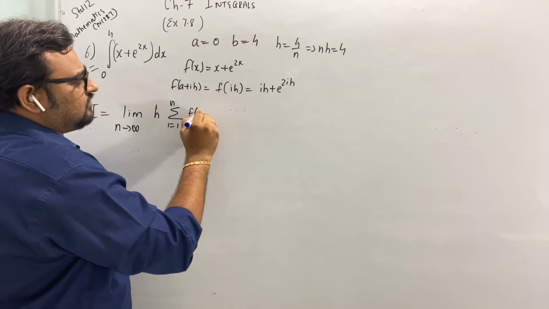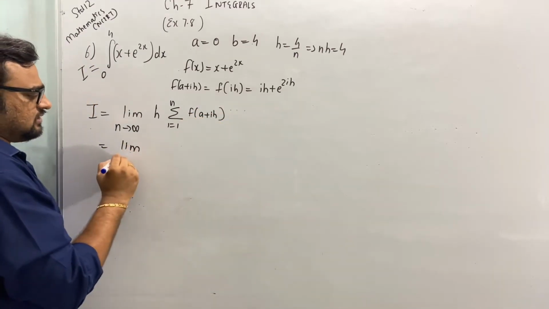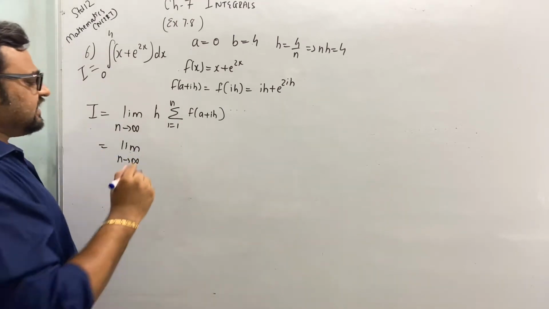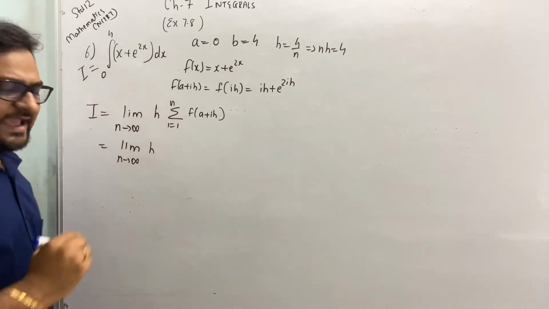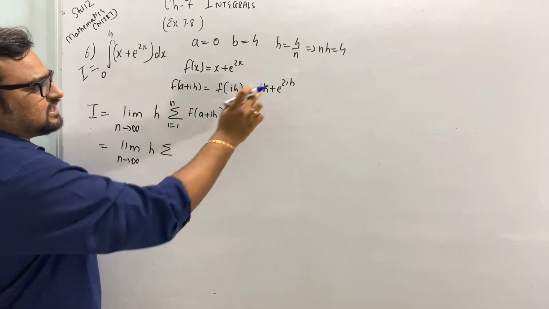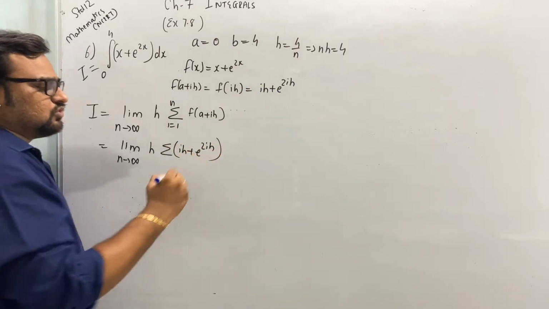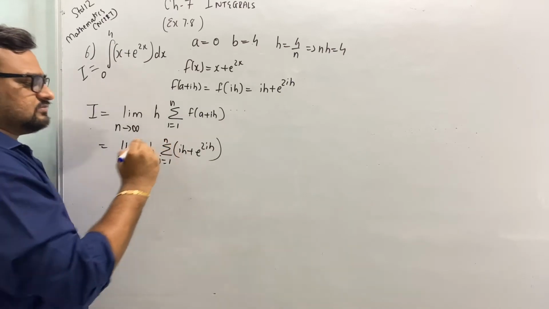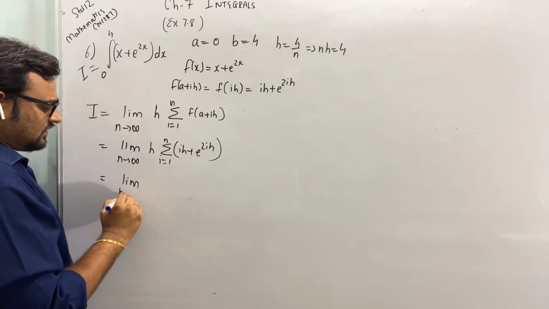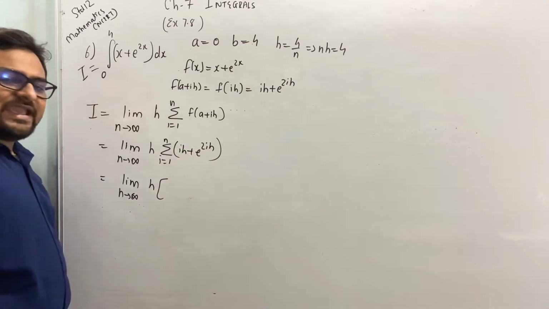f of a plus ih, limit n tends to infinity, h. Now what is f of a plus ih? ih plus e raised to 2ih. Clear? So this will be equal to limit n tends to infinity, ih.